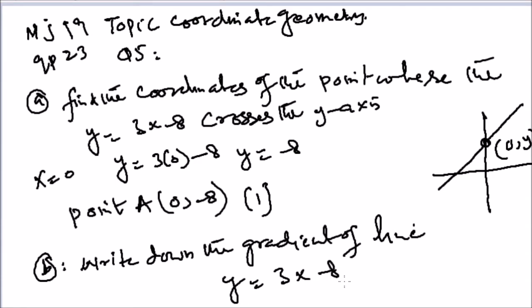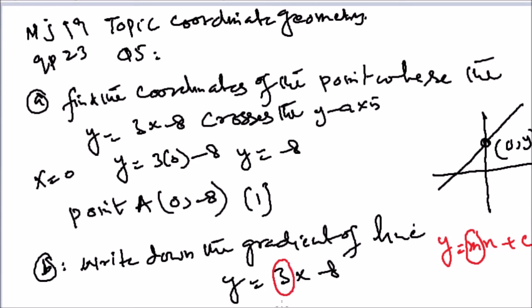Now see, it's a very simple thing. Whenever we are finding the gradient of a line, if the line is in this form, mx plus c, then the coefficient of x is our gradient. So here the coefficient of x is what?